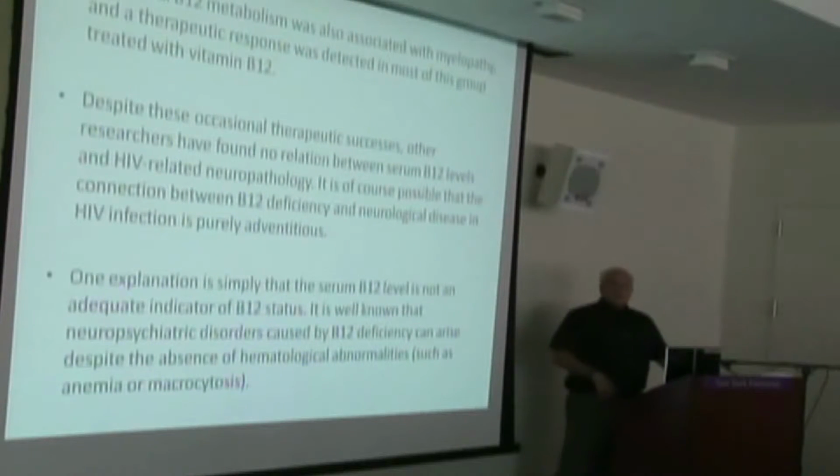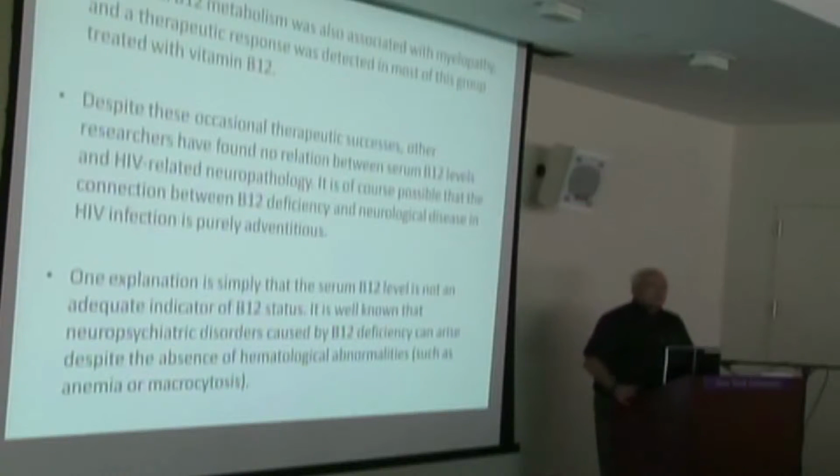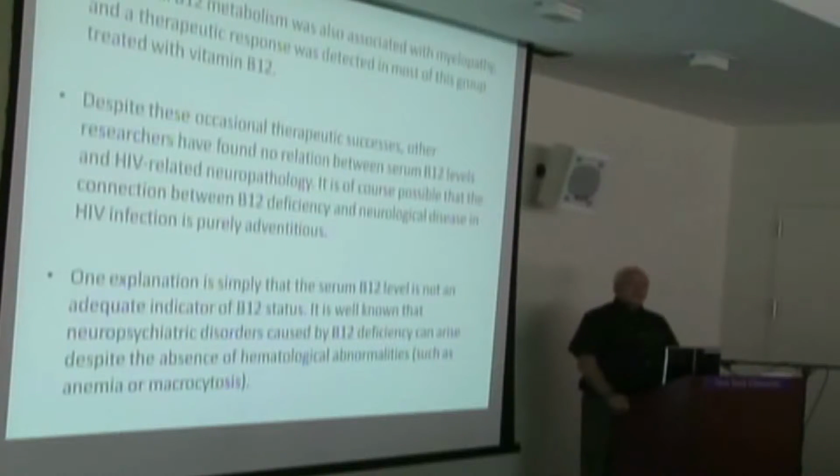Her vision was a little blurry. Her skin was lemony. She was an Irish lady, blue eyes and light skinned, and it started turning a little lemony, and she started getting a little nasty, paranoid, which wasn't her usual situation, and weak.